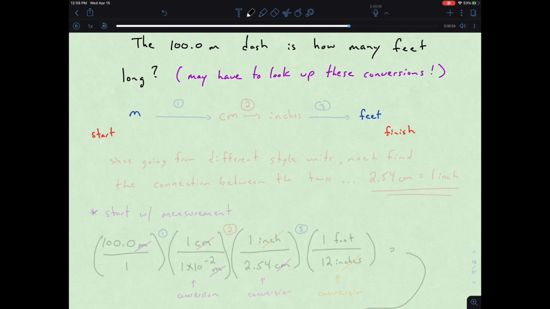And so between those two, since you're going from different style units, you need to find the connection between the two.